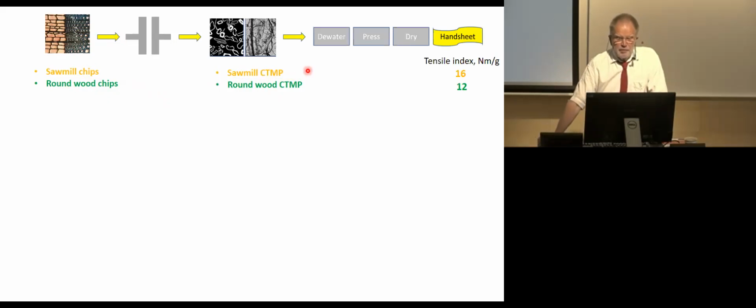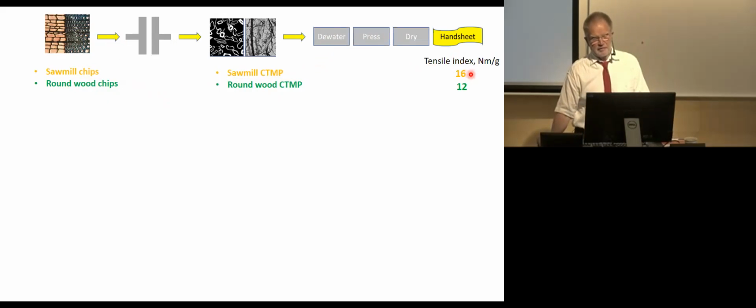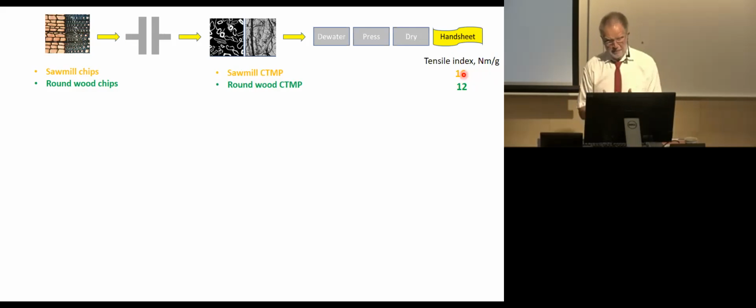In this case, we took samples, made lab hand sheets and measured the strength, tensile index, and it was much higher compared to the roundwood. And maybe it's a little bit of a wonder, but they are more thick-walled, so why are they bonding better?